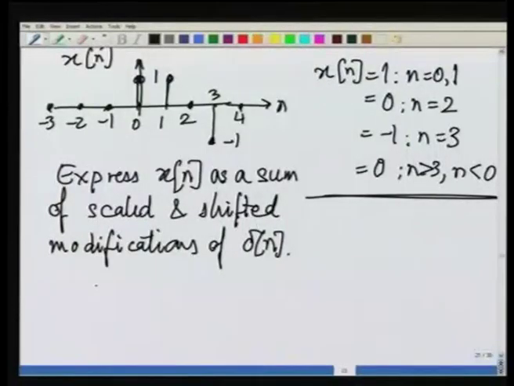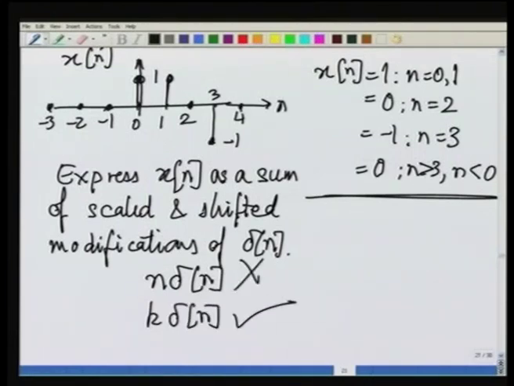For example, I would not consider n delta n as a shifted version of delta n. No, because n is a variable. All I am allowed to do is to have a factor like k delta n. So, k delta n is acceptable, n delta n is not acceptable, because k is a constant.